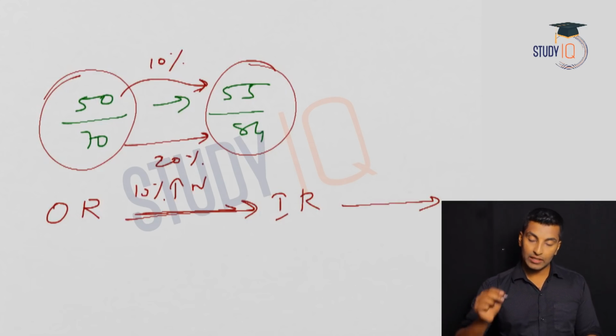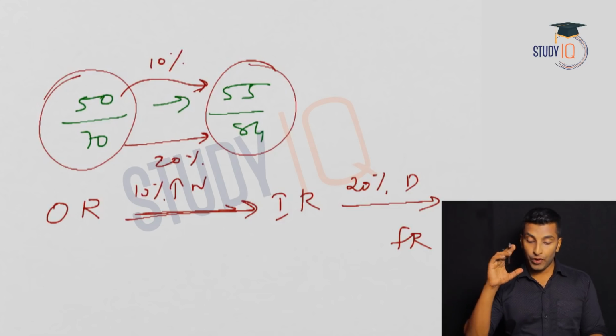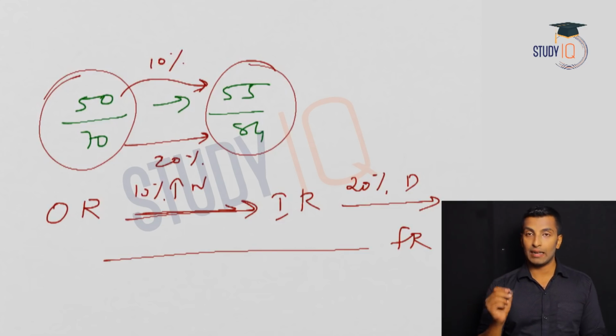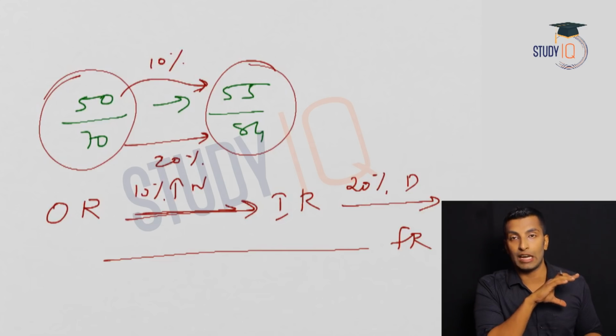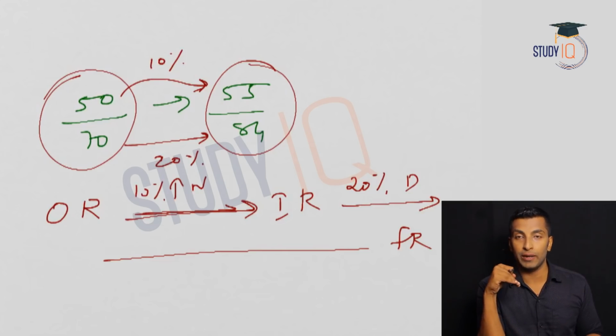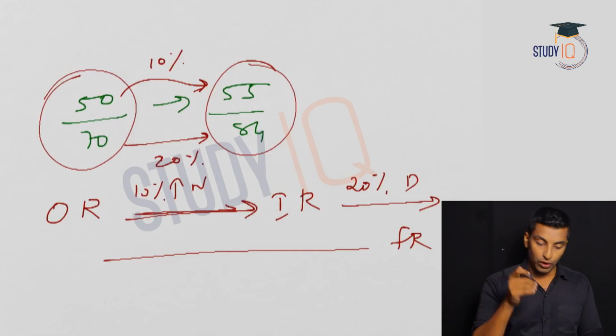And here, if you take the effect on the denominator, the 20% effect on the denominator, you get the final ratio. This is the process that we have done. And if you remember, why I have shown you in this way is basically because we have discussed the PCG rule when we discussed the percentage chapter, right? So that's what you can apply here. And in fact, this is also related to the product constancy rule that we have discussed. So this is going to be very easy for you to understand.